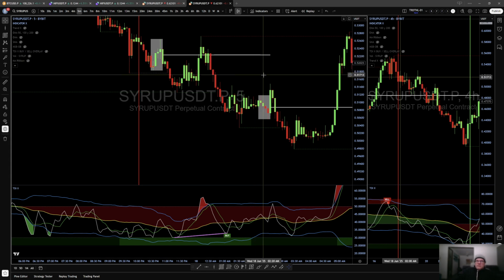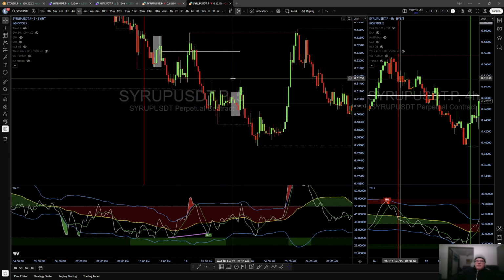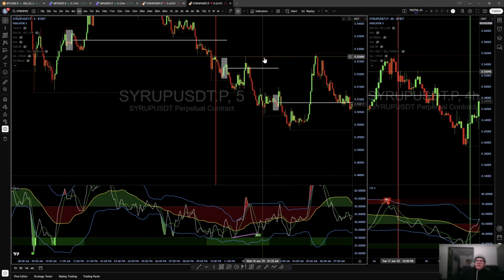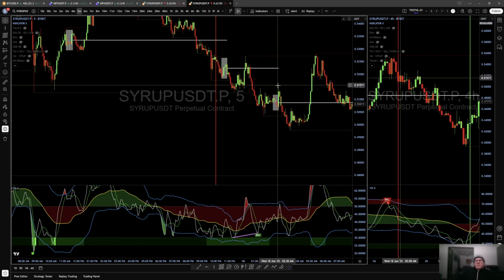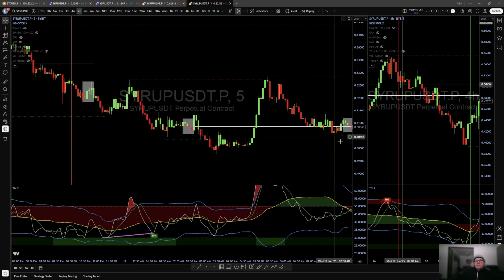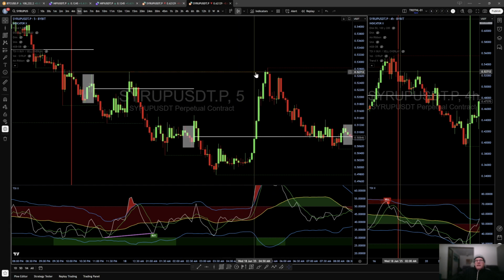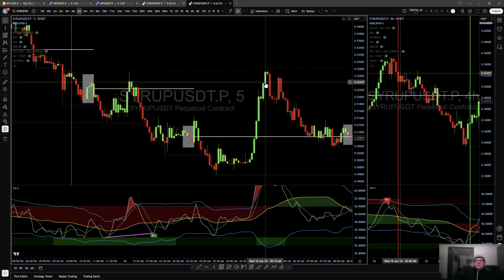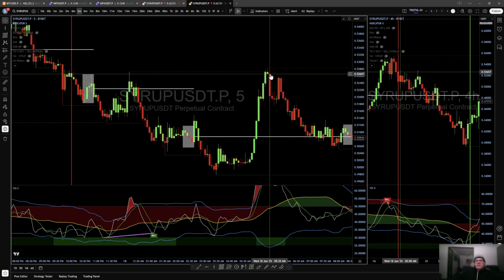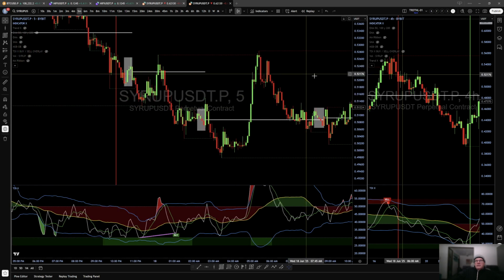So with this, your liquidity lines are great for taking profit or entering trades. If you look at this, you had it hit this liquidity line, and almost immediately you had a reversal candle pattern that reversed, and then you had kind of a dump.